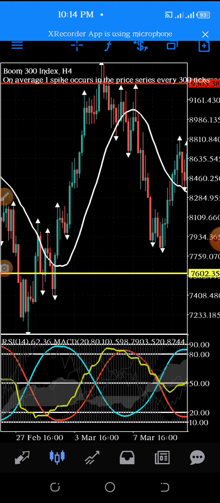So what is now resistance? Because I've explained to you support, where there is a particular point where the sellers exhaust their momentum, that particular point is support.